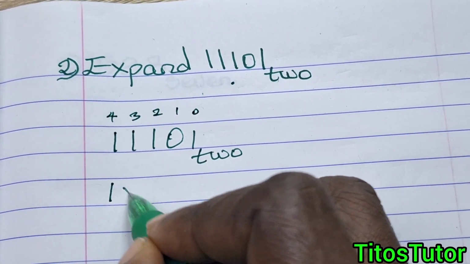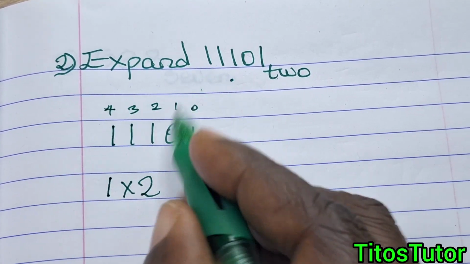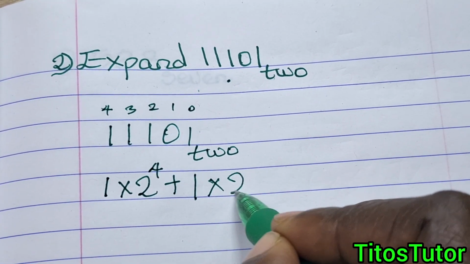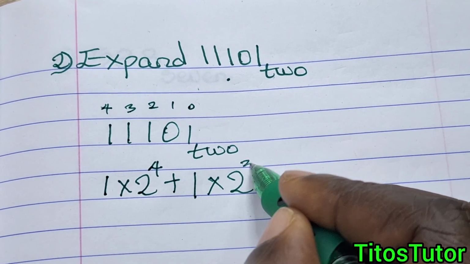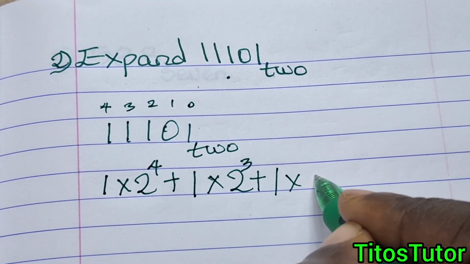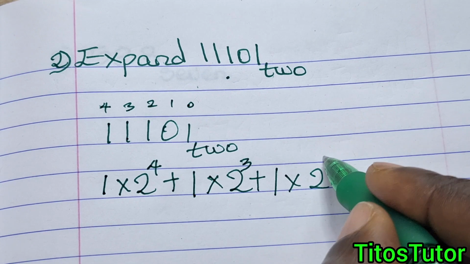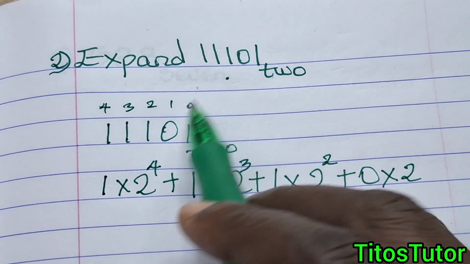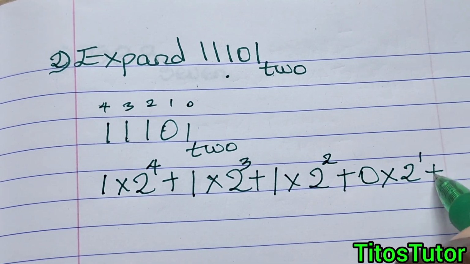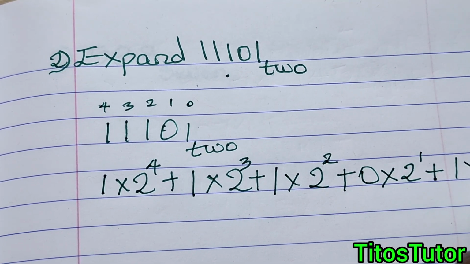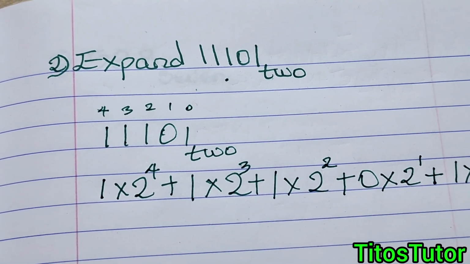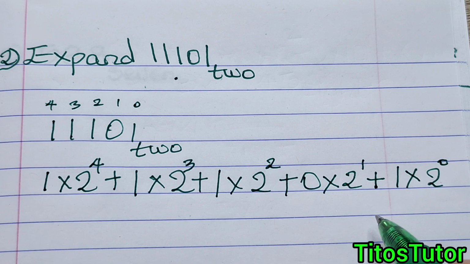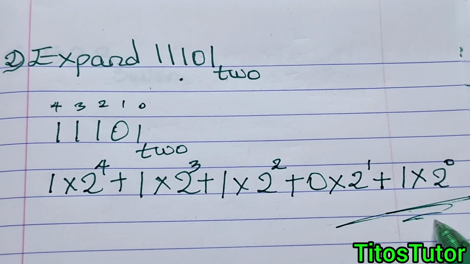So let's go. 1 times 2 raised to the power of 4 plus 1 times 2 raised to the power of 3 plus 1 times 2 raised to the power of 2 plus 0 times 2 raised to the power of 1 plus 1 times 2 raised to the power of 0. And I have expanded this number in base 2.